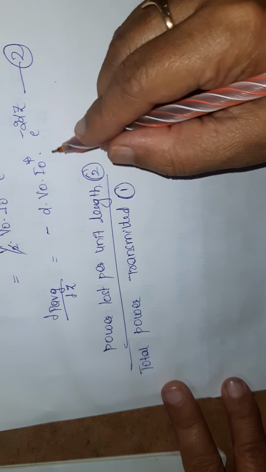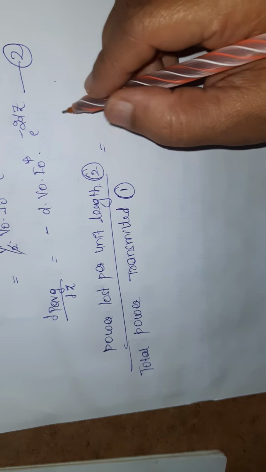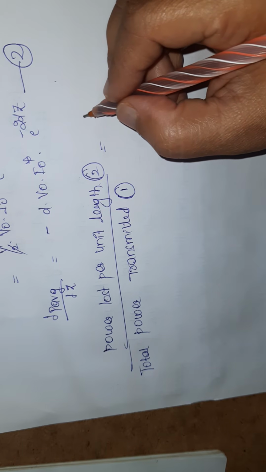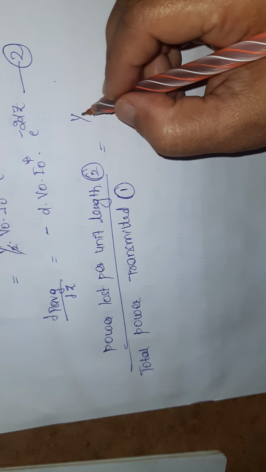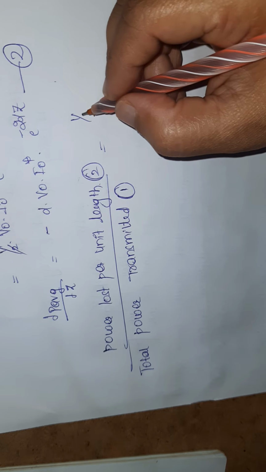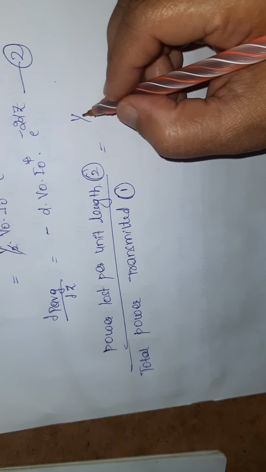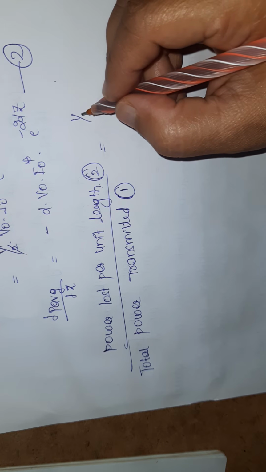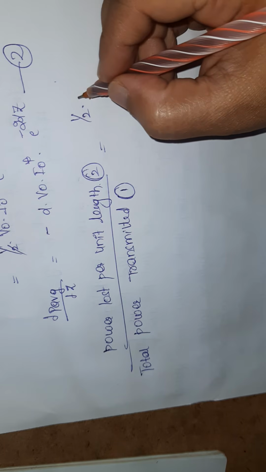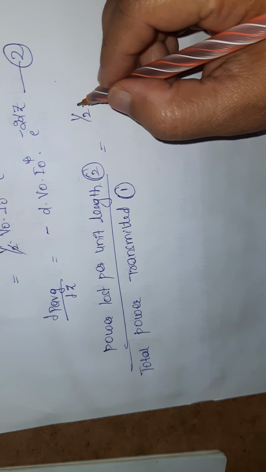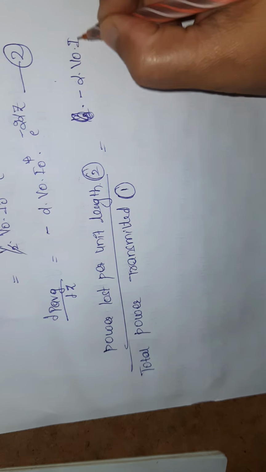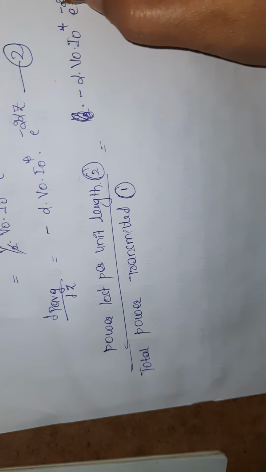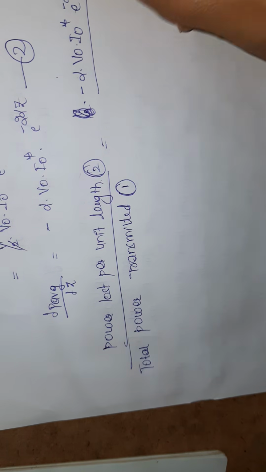So I got equation 2 as minus alpha V naught I naught star e power minus 2 alpha z divided by P average.